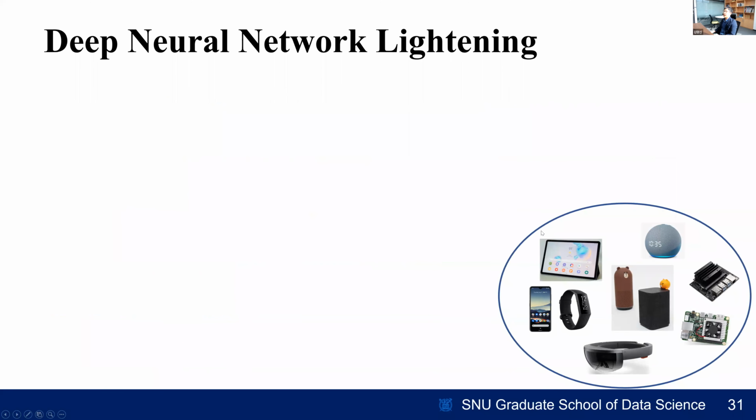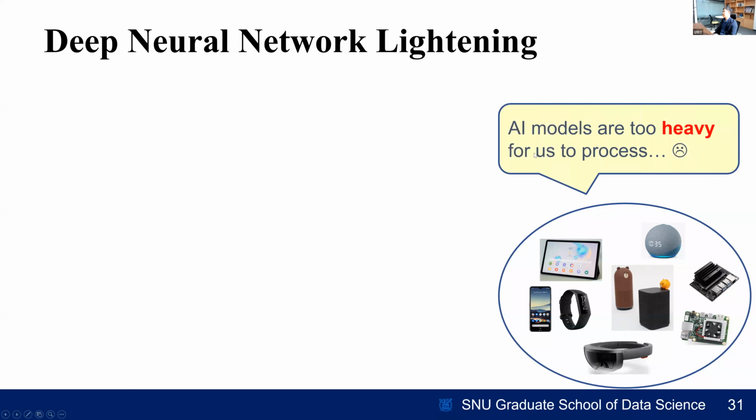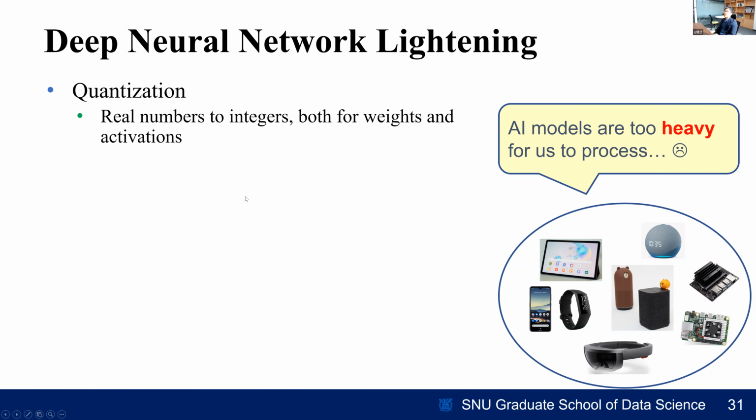So I want to mention that there's also another direction of deep learning research, which is not just scaling, but lightening a model for resource constrained devices. You can see these devices yelling, AI models are too heavy for us to process, right? There are multiple different hammers to lighten a deep learning model. The first one is quantization.